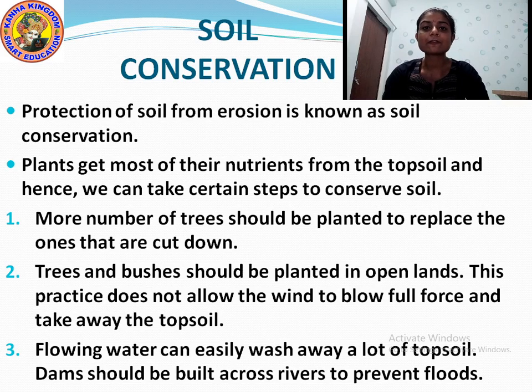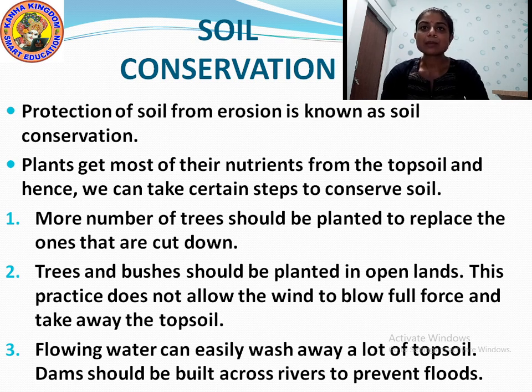But if you grow more trees, the roots of those plants will hold the soil firmly and tightly, and will not allow the soil to erode easily by the action of strong winds and heavy rainfall. Understood?